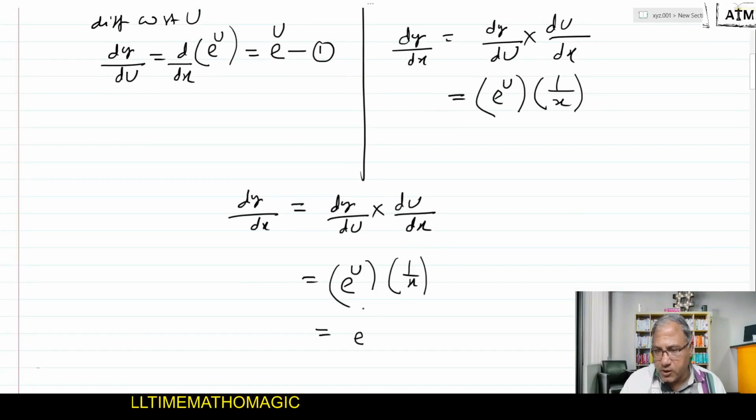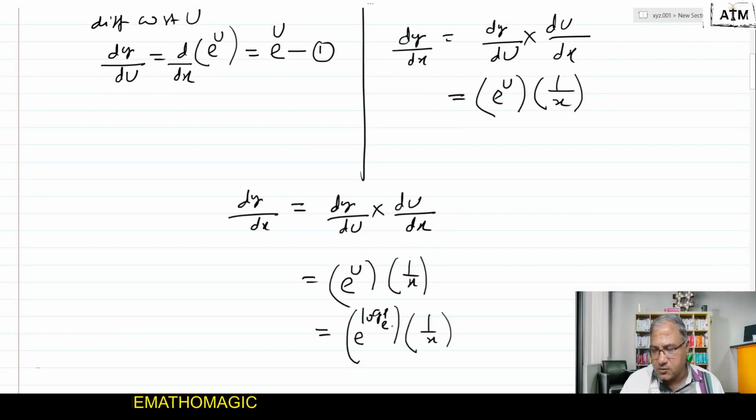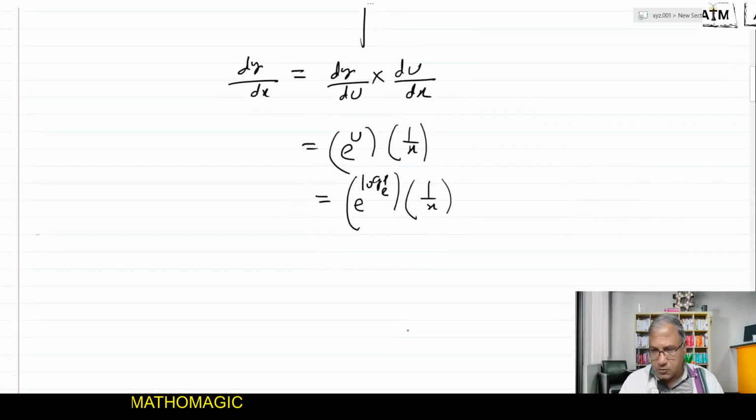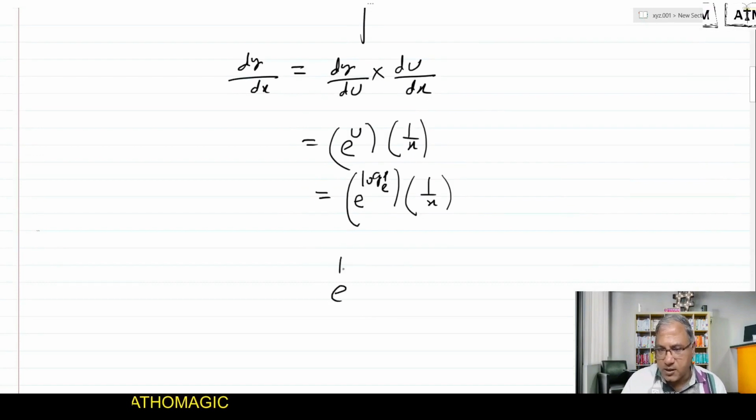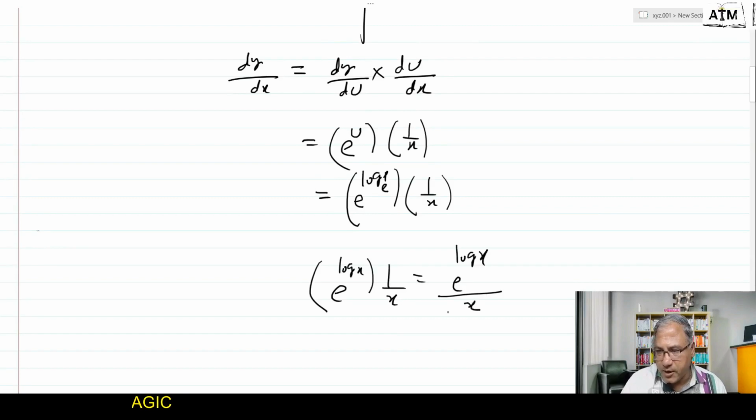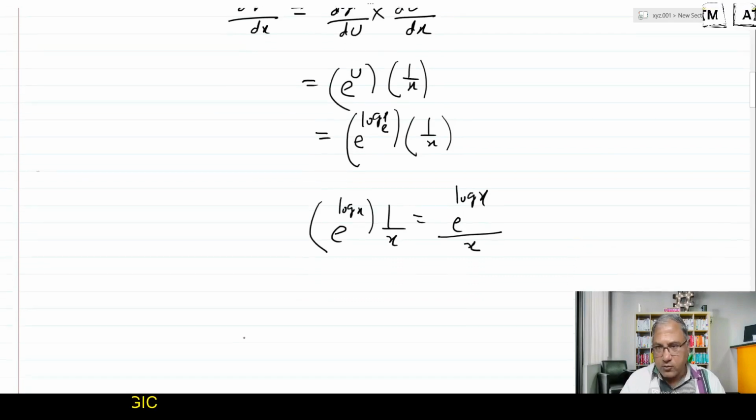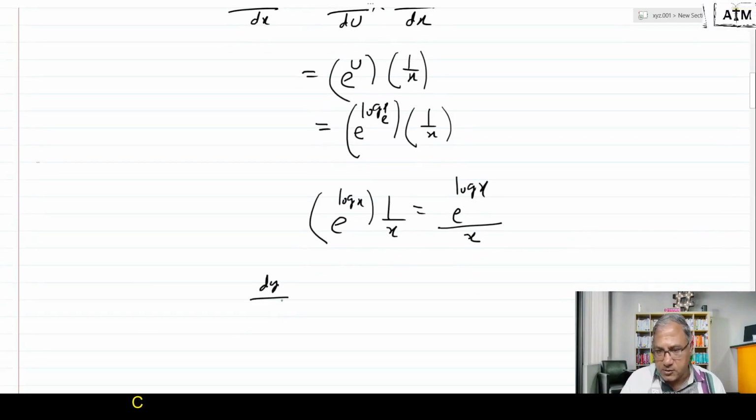Putting u as log x to the base e, the final answer is e raised to log x multiplied by 1 upon x. Therefore dy by dx equals e raised to log x upon x.